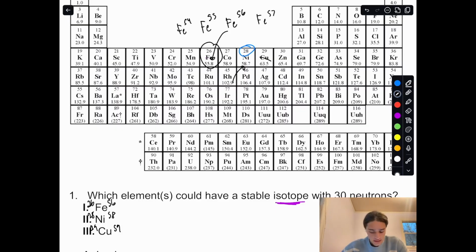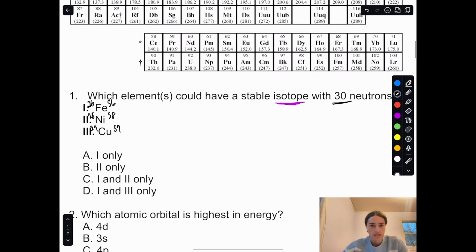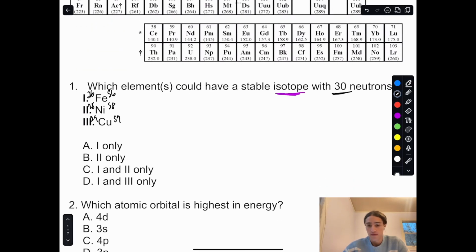But copper is looking suspicious because it's 63.5. So an atomic mass of 59 seems kind of low. We're short like 4 neutrons. So it seems a little suspicious compared to the other two answer choices. So ideally, I want to find an answer choice, hopefully, that doesn't include copper. And yeah, that's going to be C.